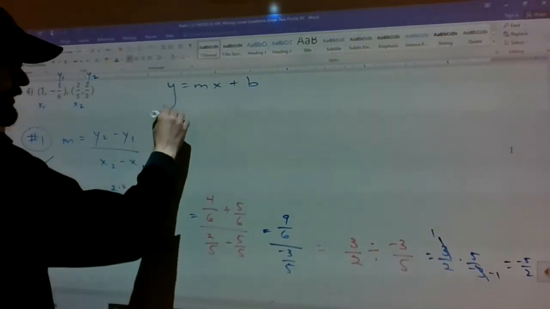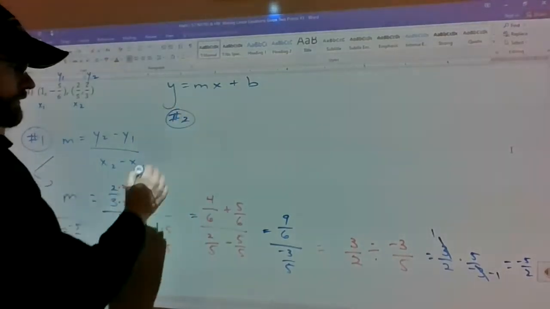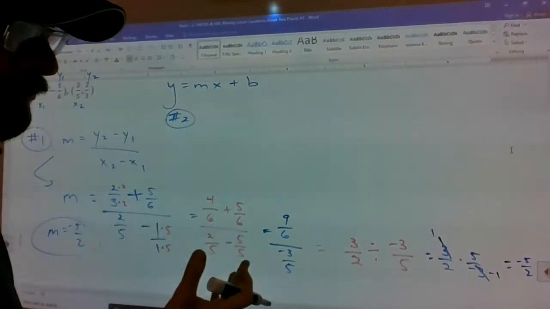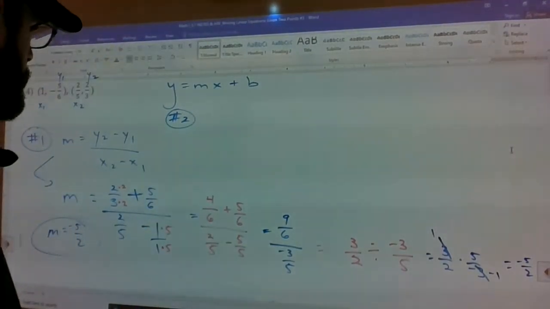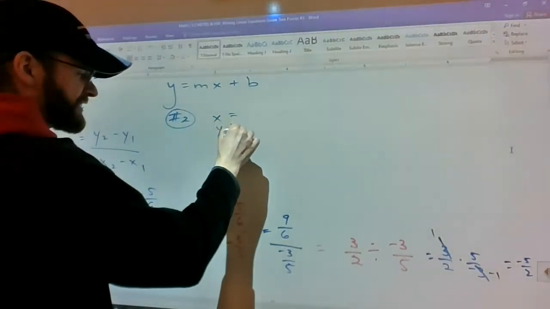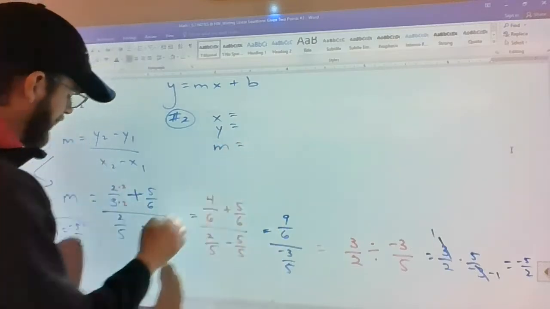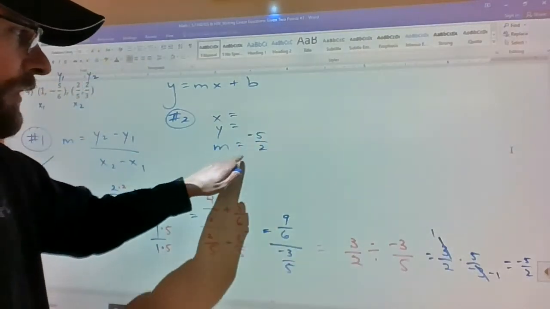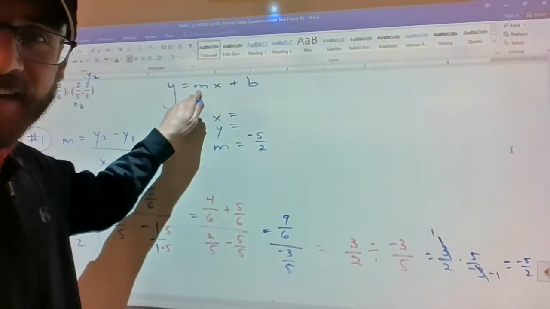Okay, number 2. This is where we pick one of these coordinates and try to move our way through the problem. So, what would be the one that makes the most sense to us, given the fact that our slope is negative 5 over 2, and that is going to be multiplied by the x?